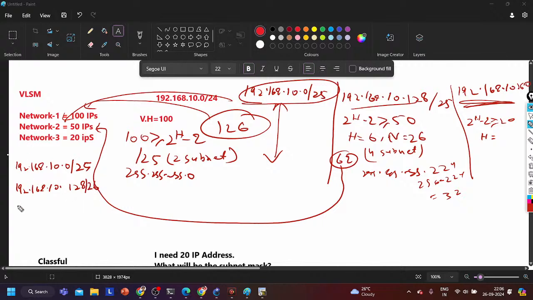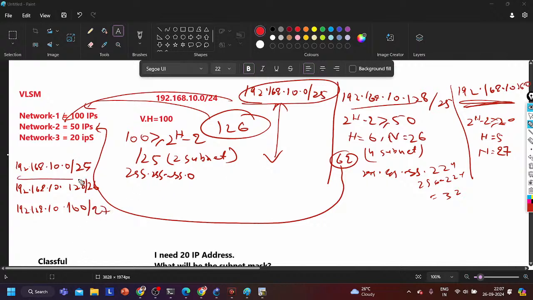For the third network, 192.168.10.160 slash, what should be the h, guys, here? For 20, h should be 5. Then n will be 3. So 27. So here I will use 27.